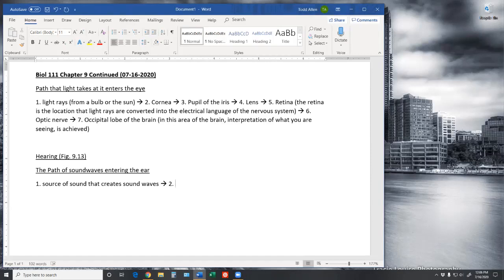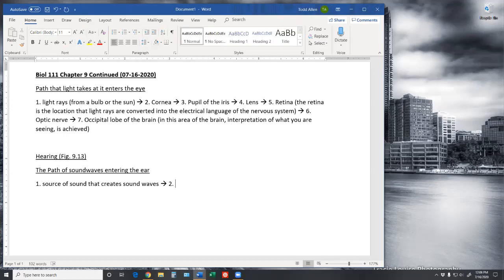Number two, those sound waves are going to enter your pinna, P-I-N-N-A. So take a look at figure 913 and you can see what the pinna is referring to. This is the part of your ear that you think of when you think of your ears, probably. It's the part of your ear where you would have your earlobes if you have hearing rings in your ears and things like this.